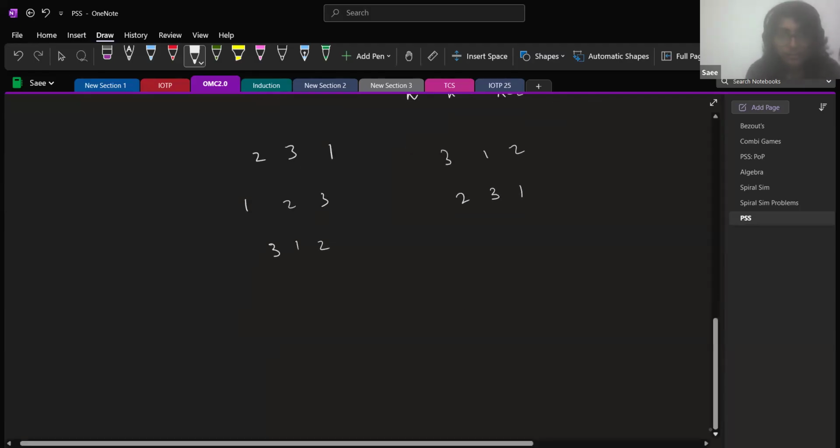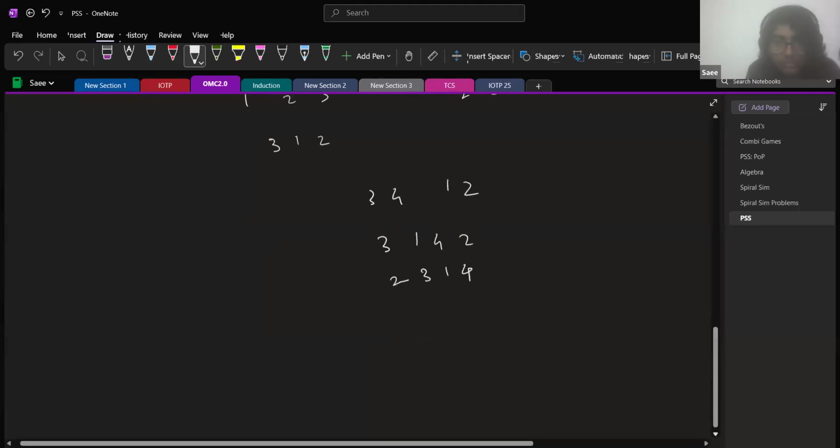Does it still hold for 4 also? 2, 3, 4, 1. Maybe 1, 3, 4, 1, 2. You flip 1, then you flip 2, then you flip 3. And yeah, this does not seem to work.